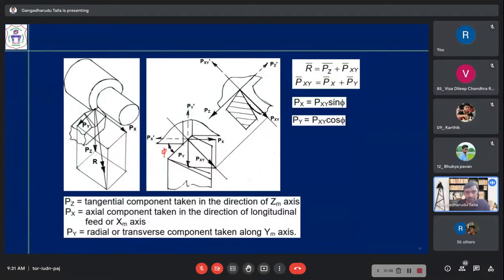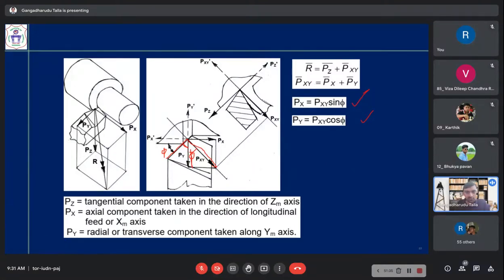If this is phi, this is 90 minus phi, because this is also 90 degrees. Obviously, this is phi. So from this, we can write Px is Pxy sin phi, because this is phi. Similarly, Py is Pxy cos phi.